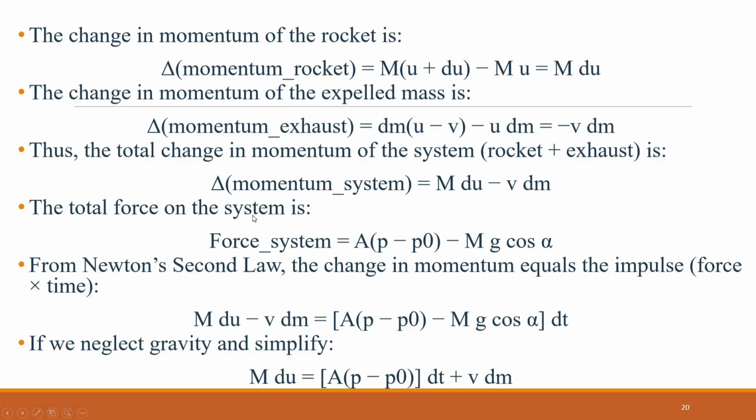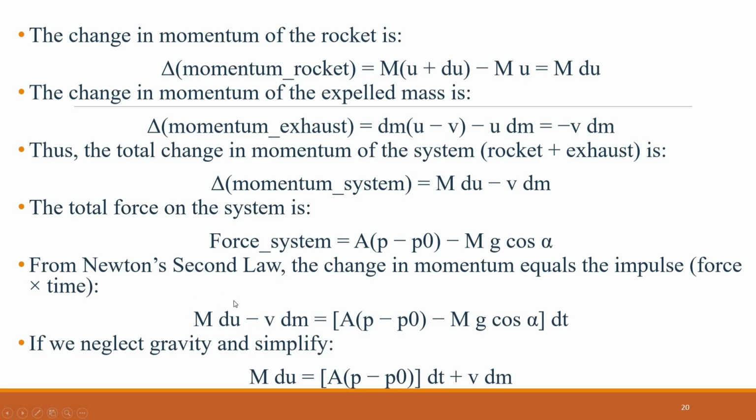The total force on the system is: total force equals nozzle area multiplied by exhaust pressure minus atmospheric pressure, minus mass of the rocket multiplied by gravitational acceleration multiplied by cosine of alpha. From Newton's second law, the change in momentum equals the impulse, force multiplied by time.